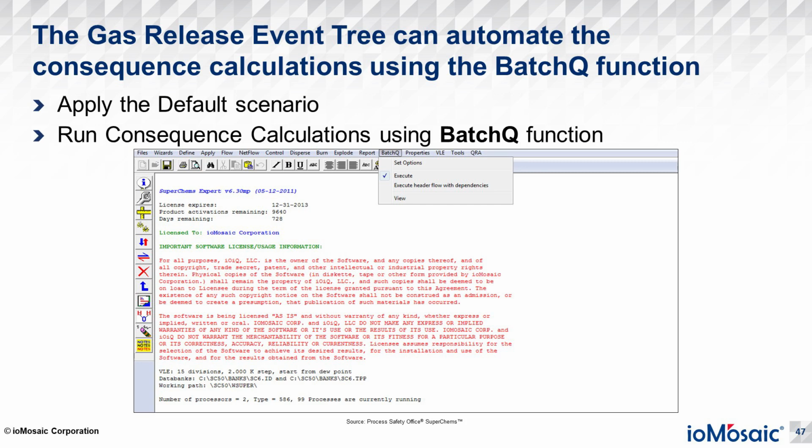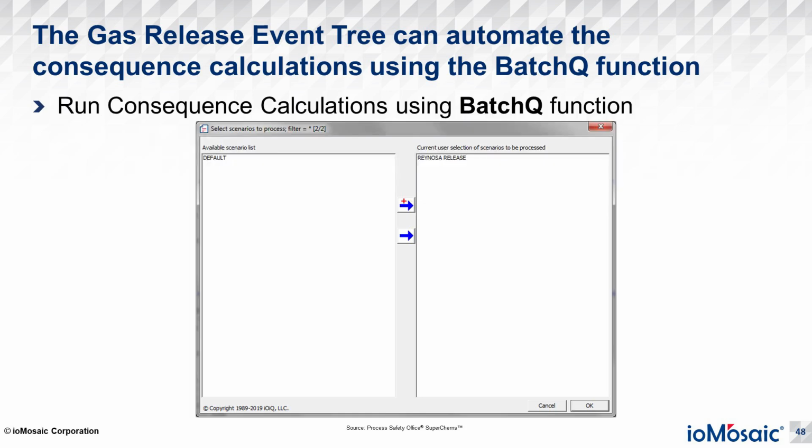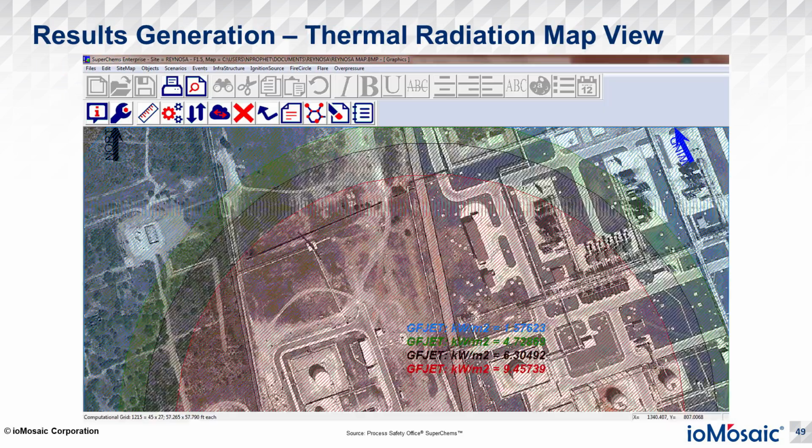Now, it's no big deal here where I'm only walking you through one scenario, but we typically use the batch queue to run dozens or hundreds of scenarios at a time. So we apply the default and then select the scenarios that we want to run in the batch queue. And then once it's completed running, we can go to results generation.